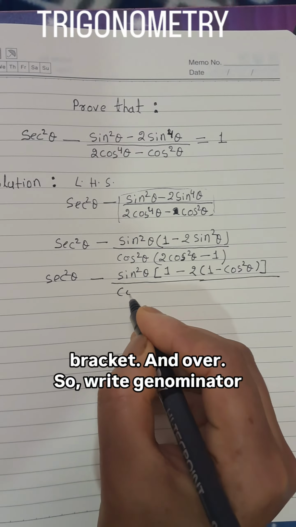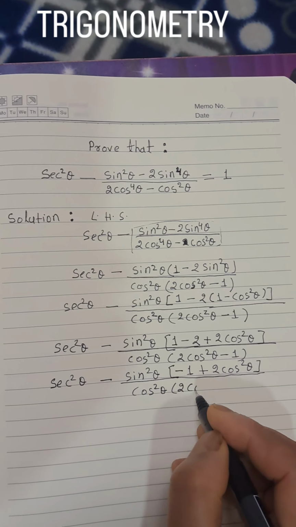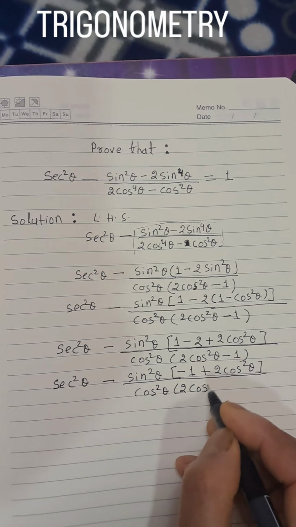So next step, sec²θ minus sin²θ in bracket. When we simplify the inside of the bracket, 1 minus 2 will be minus 1, and plus 2 cos²θ, and the denominator cos²θ in bracket (2 cos²θ minus 1).